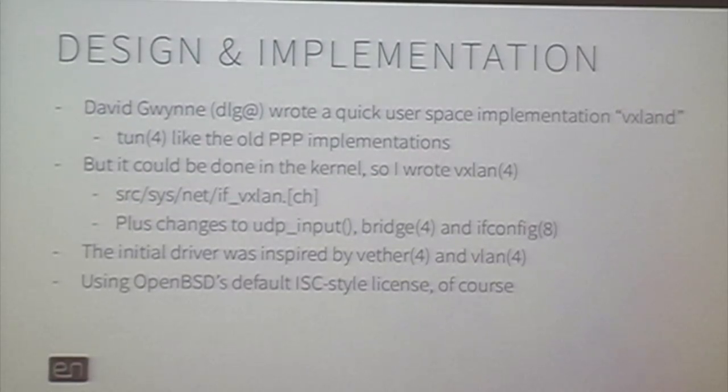His implementation was kind of an experiment, written in user space, and it was using the tun interface, like the old pppd, but there we know it doesn't scale and we don't do that anymore. And it was very complicated for him to implement all the virtual endpoint discovery.